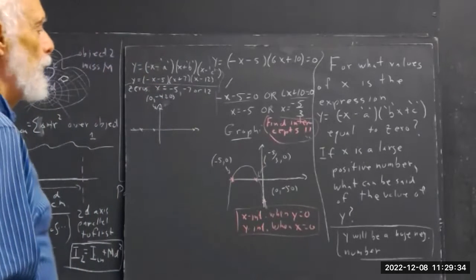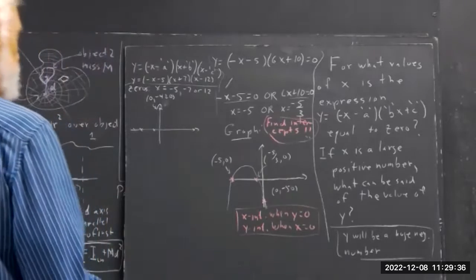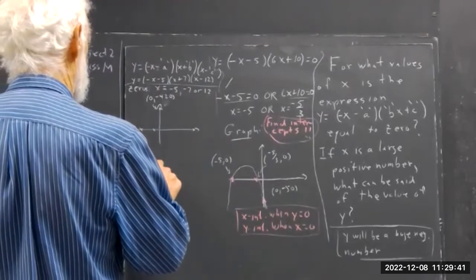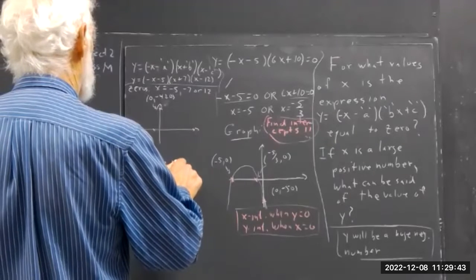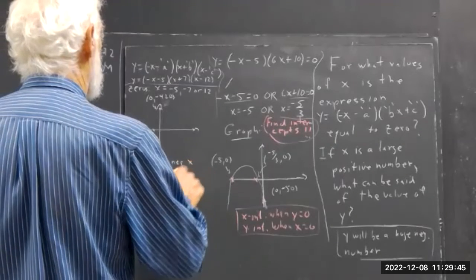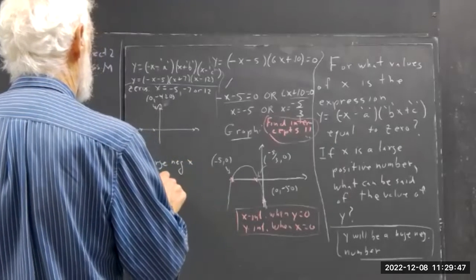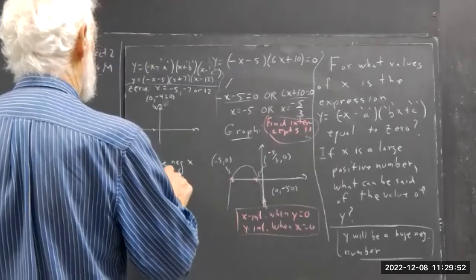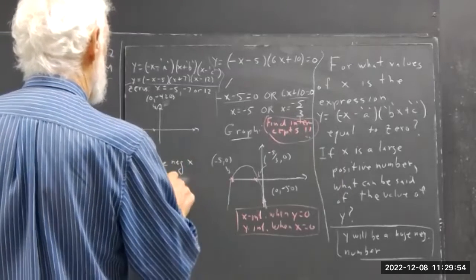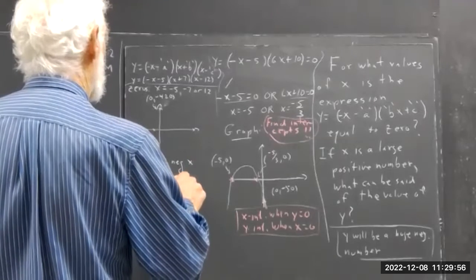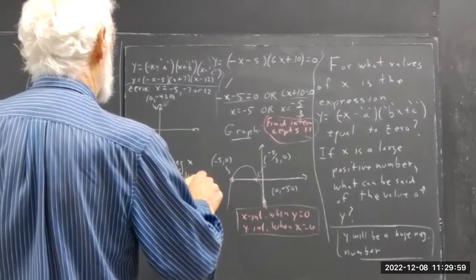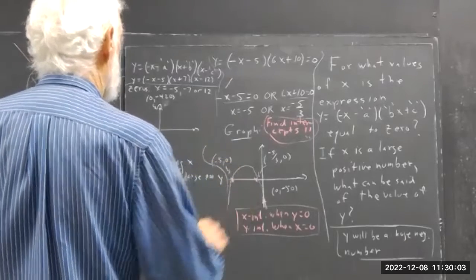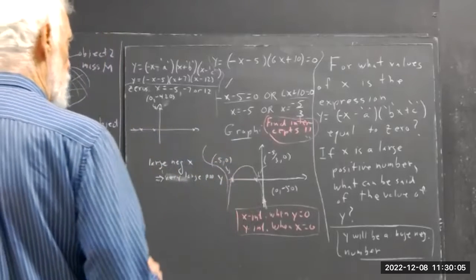If x is a big negative number, we get a very large positive value of y.